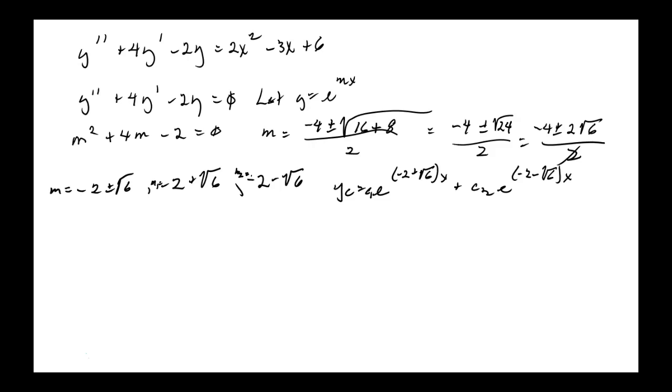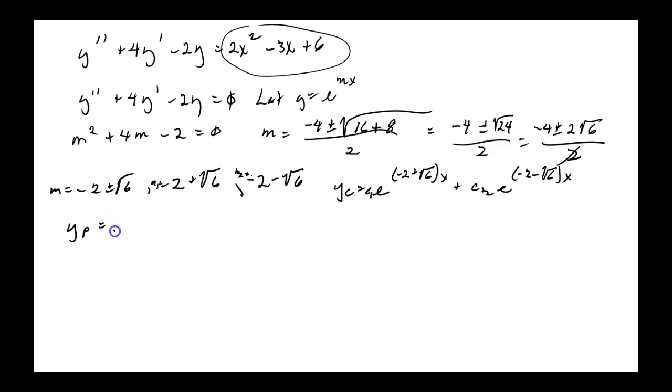Now, step 2. Because the function g of x is this polynomial function, and it happens to be a quadratic polynomial function, let's assume that your particular solution, y sub p, is some other second-order quadratic polynomial.